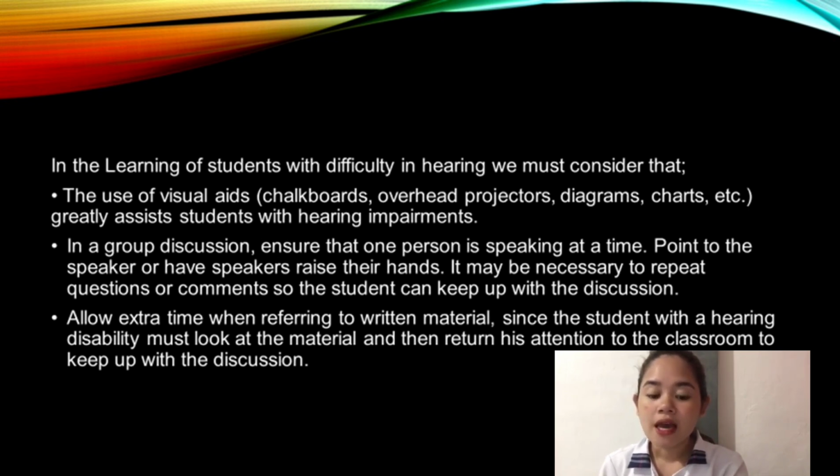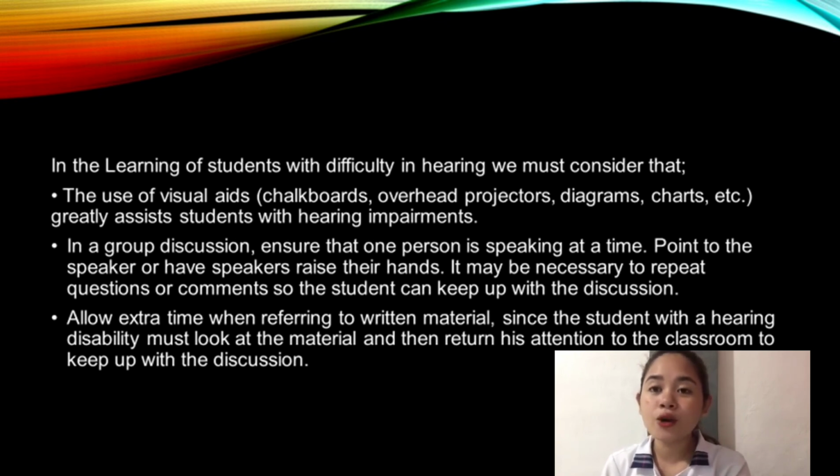And third, in a group discussion, ensure that one person is speaking at a time. Point to the speaker or have speakers raise their hands. It may be necessary to repeat questions or comments so that the student can keep up with the discussion.